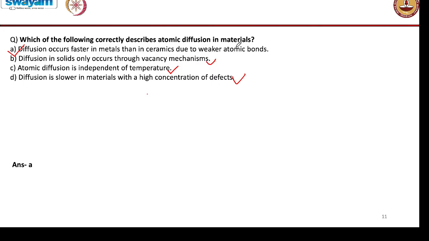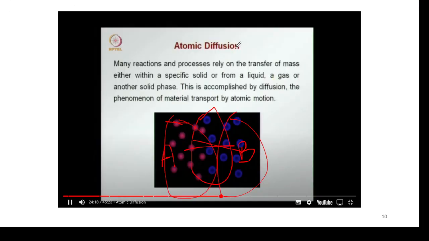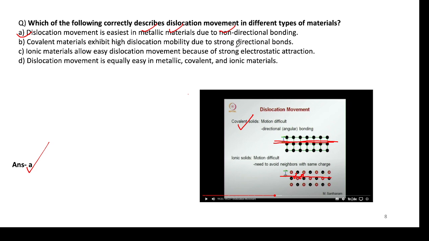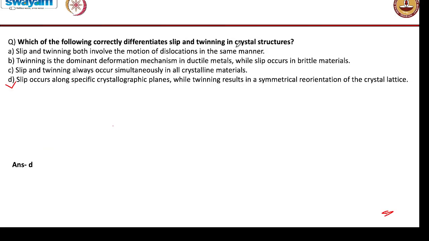And then we also studied atomic diffusion, how atomic diffusion happens. Here we explained that a particular amount of activation energy is required for it to happen. Then we also studied dislocation movements, how the grain boundaries prevent the dislocation movements, and where dislocation movements are most favorable and where they are not favorable.